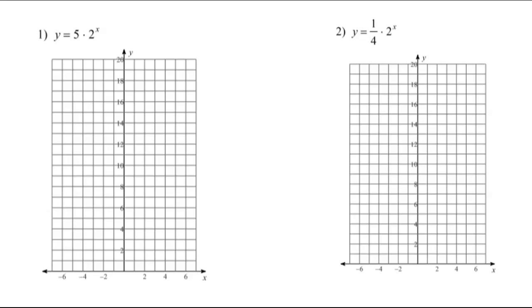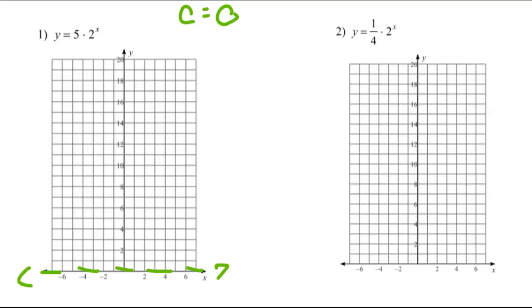First thing we're going to do is look for our asymptote, so C. You can see here that there's nothing added on the end. That just means that our asymptote is going to be 0. So we're going to put our dashed line where y is equal to 0, aka the x-axis.